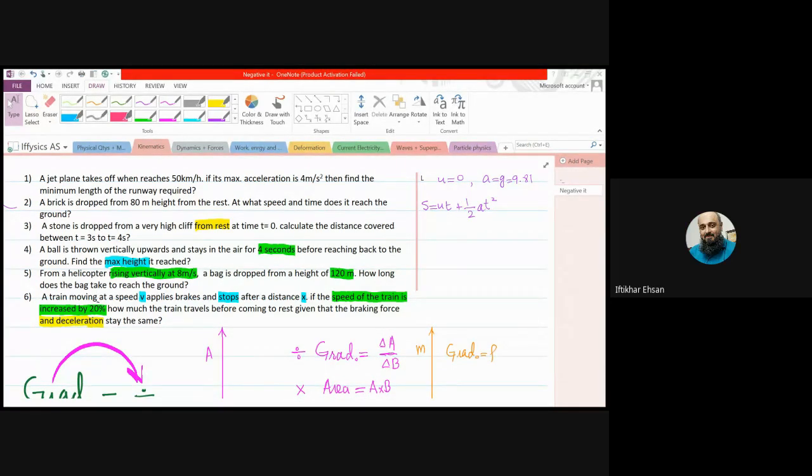Ji beta, can you hear me? Tell me again, how would you use the formulas? So initial velocity is 0. We substitute time as 4 seconds.